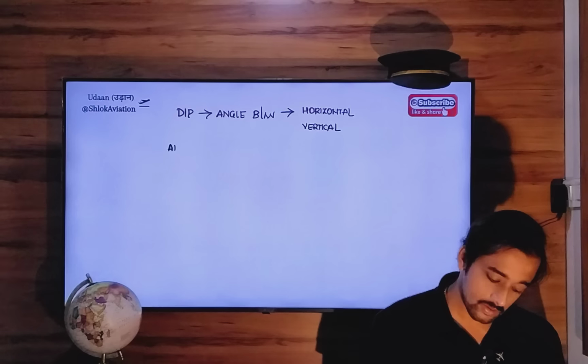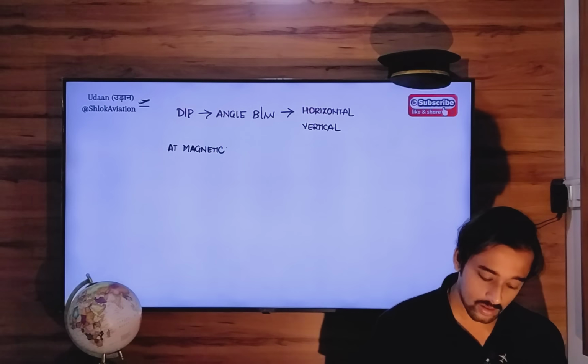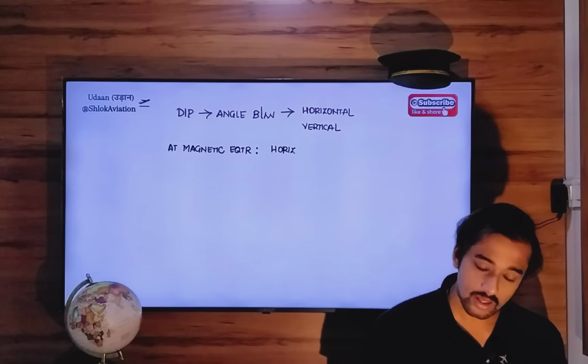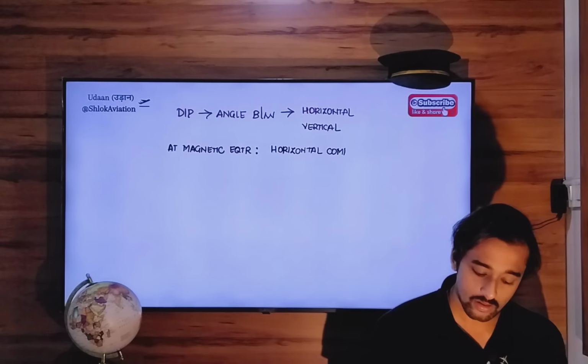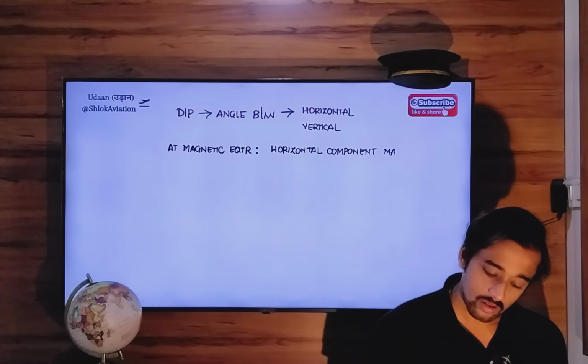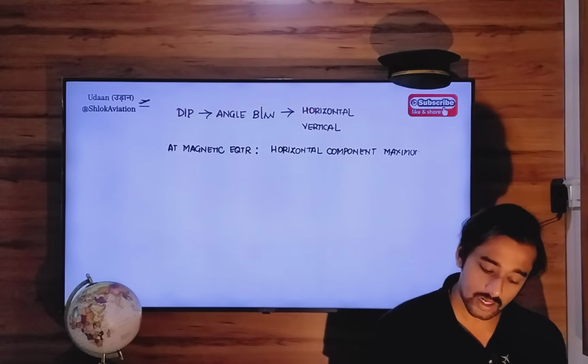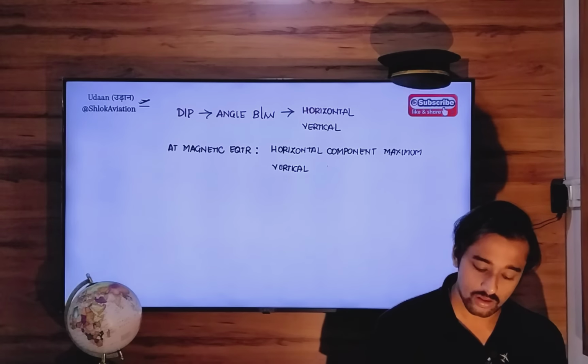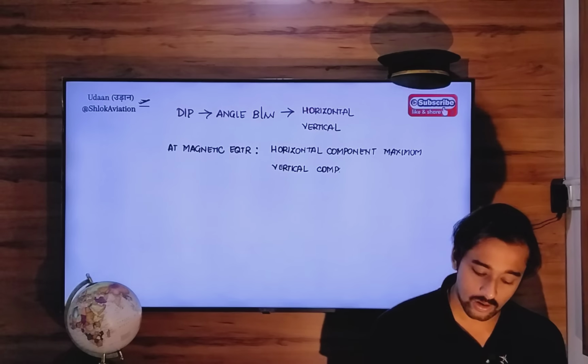At the magnetic equator, what happens? Horizontal component is maximum and vertical component is nil or zero.